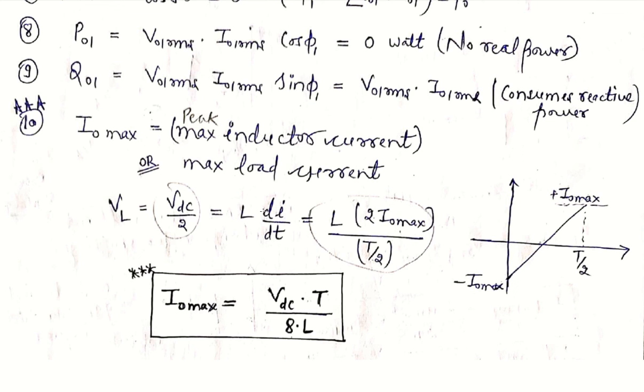What is the change in the current? It is minus I naught maximum to plus I naught maximum. If we calculate the difference of these two, it is 2 I naught maximum, for a time of 0 to T by 2. So divide by T by 2. By this expression we will calculate I01 maximum. So this is the peak inductor current or maximum load current, which is VDC into T divided by 8L.